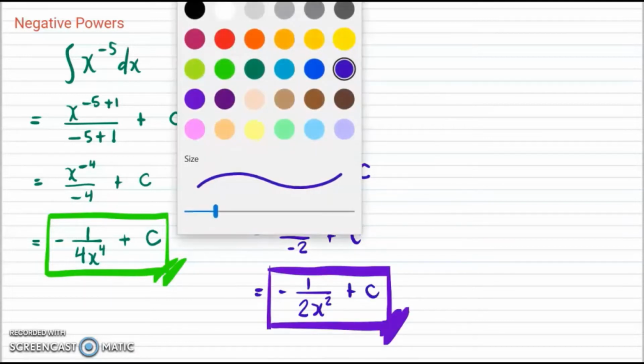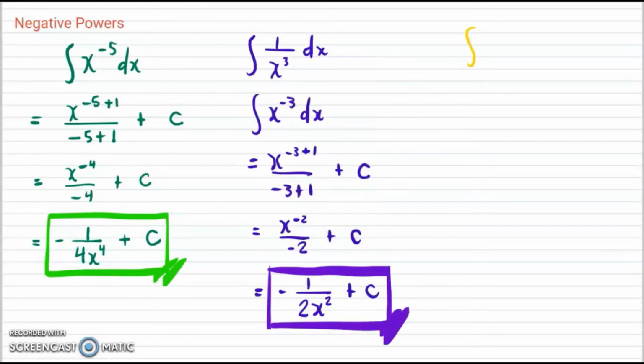But what if what we have is the integral x raised to negative 1 dx, which is the same as the integral 1 over x dx, right? Can we apply the power rule here? Because what will happen if we apply the power rule? We'll have x raised to negative 1 plus 1. We know what that is, right? Negative 1 plus 1 plus c. This negative 1 plus 1 is a 0, right?